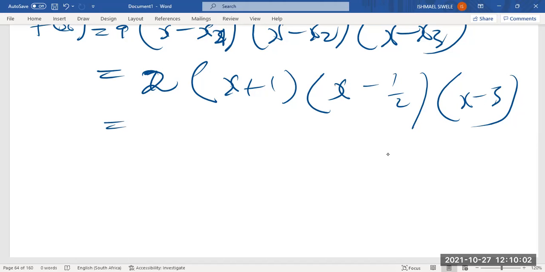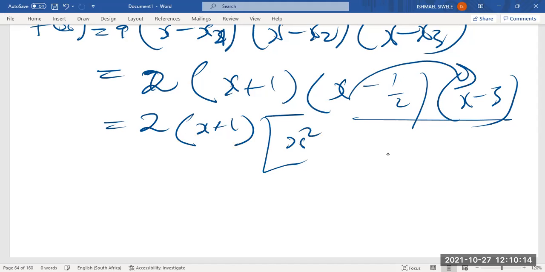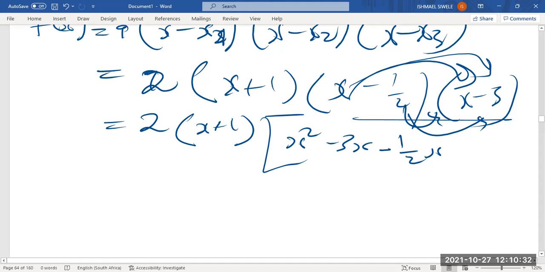So this is what we have. Now, let me ignore this one first and make this 2. x multiplied by negative 3 is negative 3x. Negative 1 over 2 multiplied by negative 3 is going to be 3 over 2.